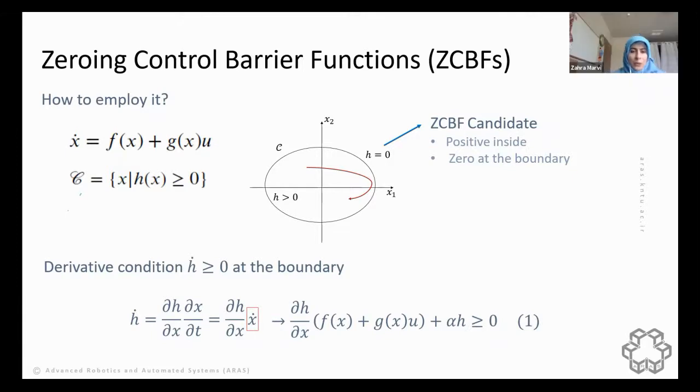Okay, that's a very good question. Actually, it's typically a general method, but it cannot cover all possible safe sets. But here, it's not necessarily one single function, so it can be a matrix of different functions.